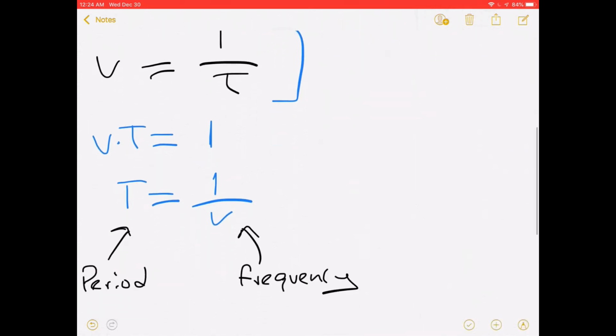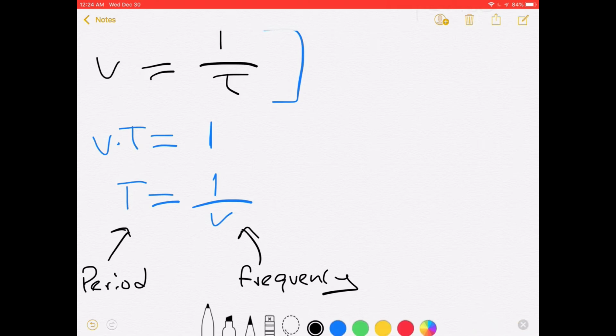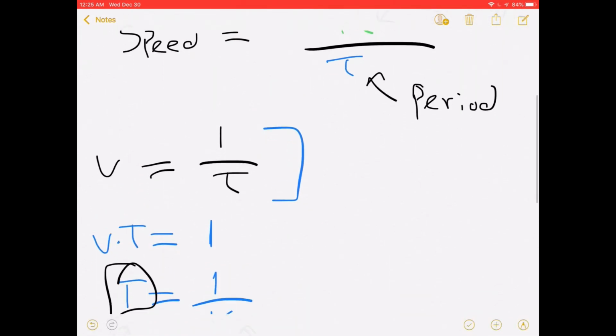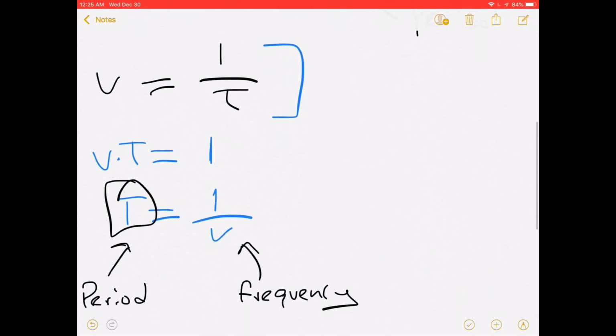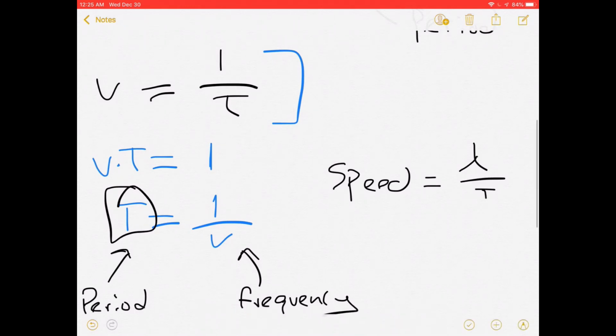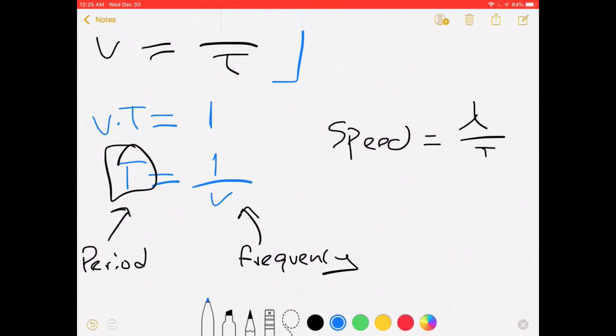So now that we have this T term all by itself, let's go ahead and replace it in our speed equation. Let me rewrite it down here actually. So we know that our speed equation equals lambda over T. Now that we know what T is, let's replace it with 1 over v.